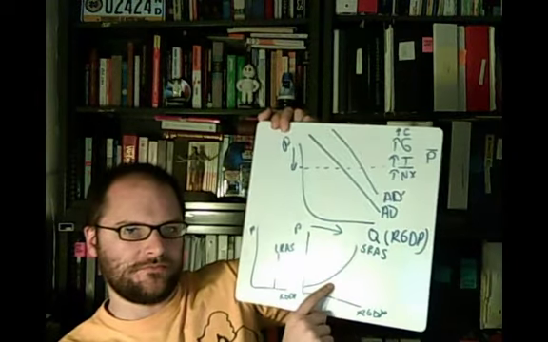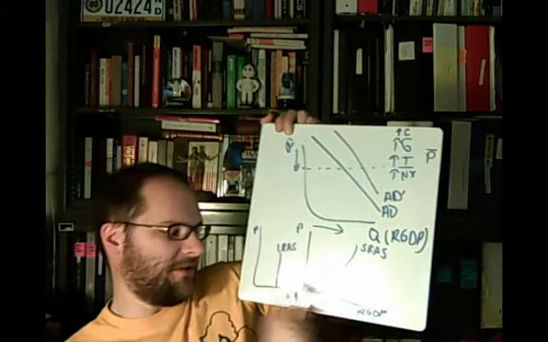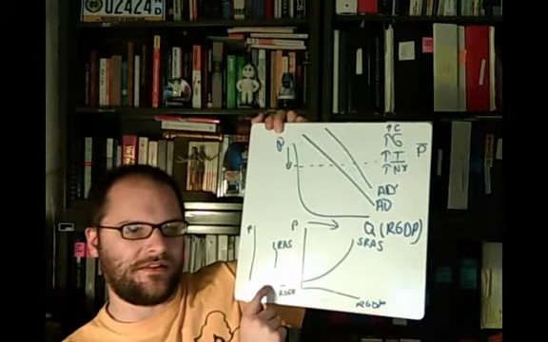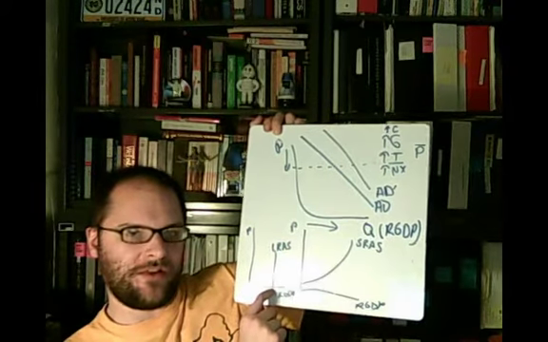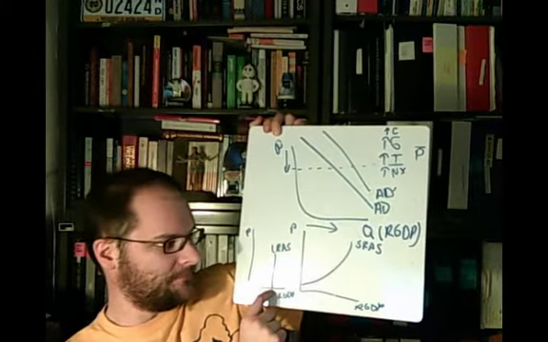Now, that stickiness and those misperceptions exist in the short run. But economists basically are going to say in the long run, all of that stickiness is gone. It's actually vertical at the natural real GDP level. Okay, so when we put all of those things together, well, actually, one other thing here.